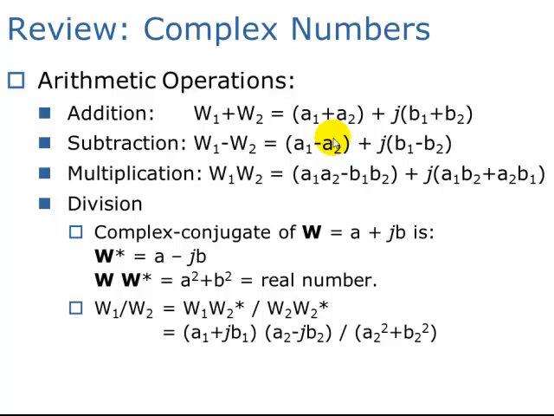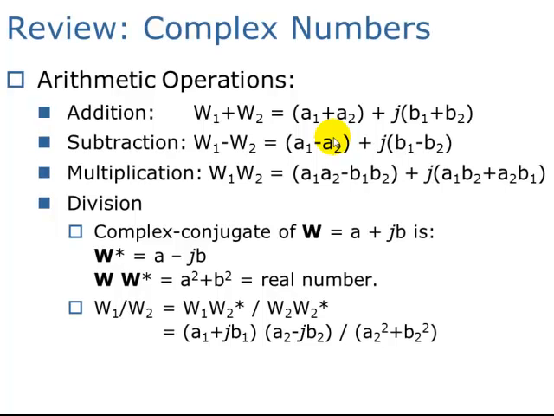When you do multiplication in polar form, you simply take the product of the magnitudes and then you add the individual angles, which is a lot easier than doing all the cross products as you see here, which is what you would do using rectangular coordinates.